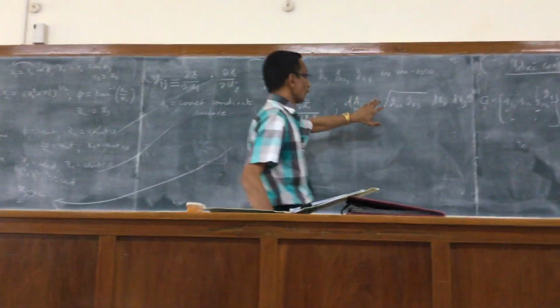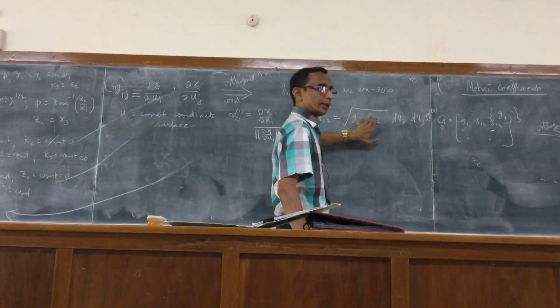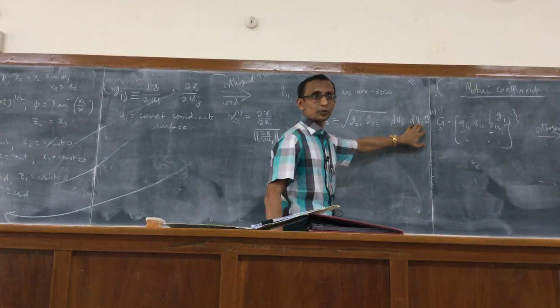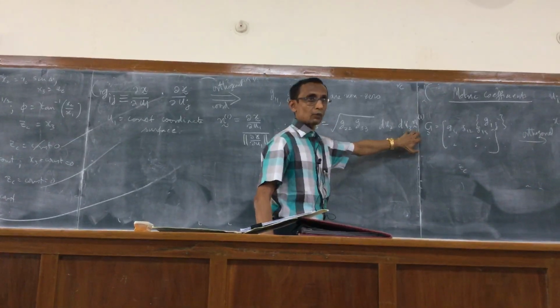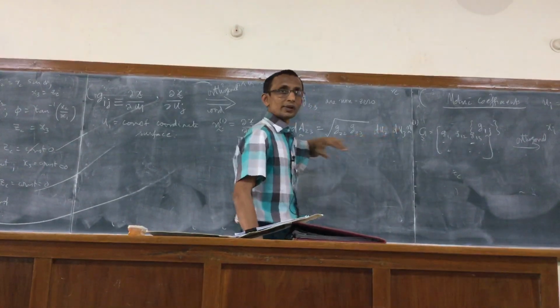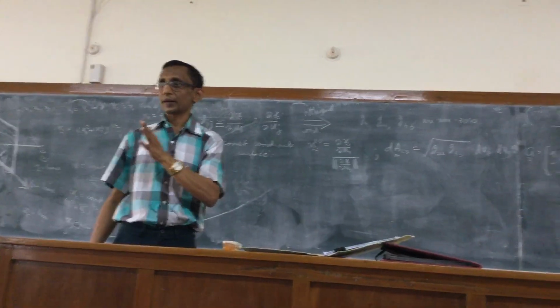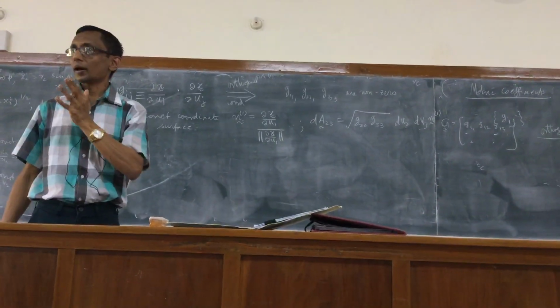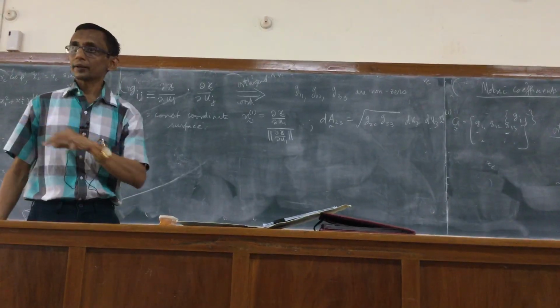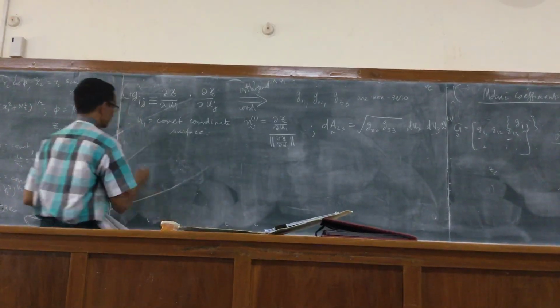So the coefficients would be 1 and 1 for the rectilinear coordinate, and you simply get dx2 dx3. The normal would be e1. So this will give you a way to translate this for arbitrary coordinate surfaces, or arbitrary curvilinear coordinates.